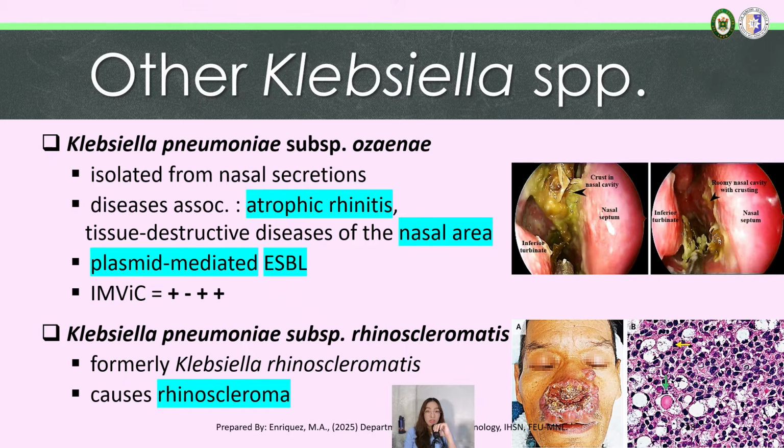So this photo on the lower right shows us a case of a 63-year-old man that presented with a 10-year history of a mass growing in the central region of his face, involving his nose and upper lip. So histopathological examination revealed many foamy macrophages, and the culture of tissue fragments showed the presence of Klebsiella. Okay.